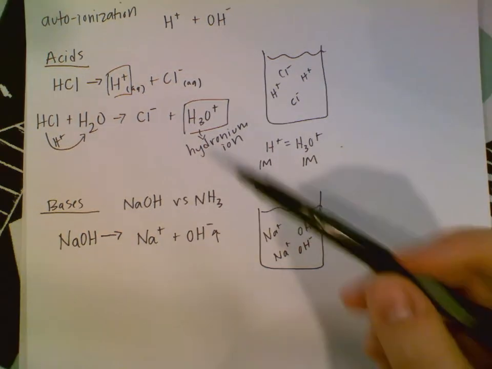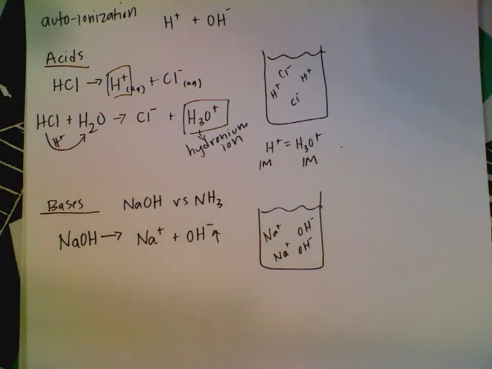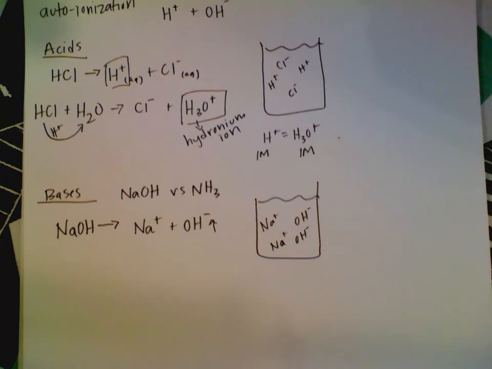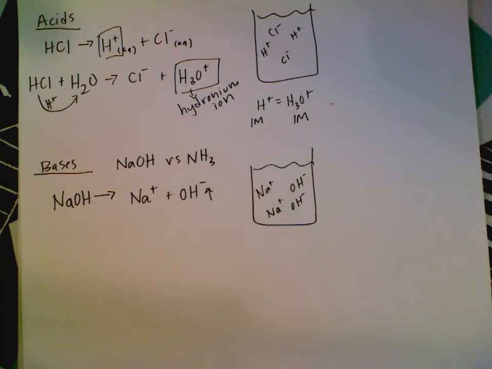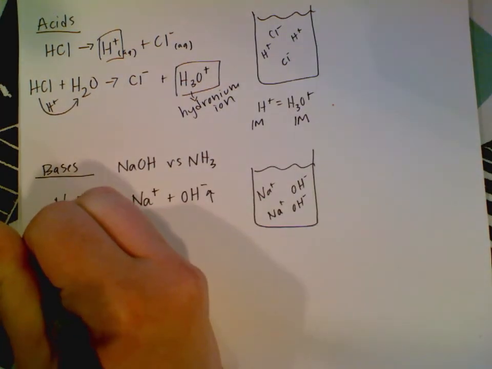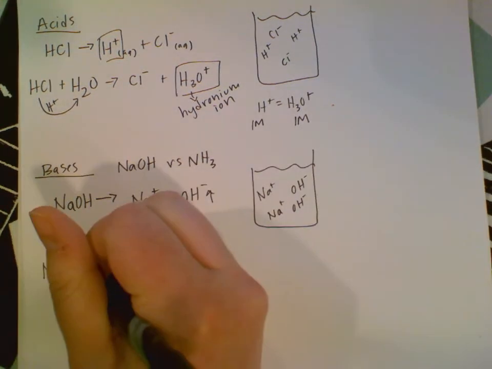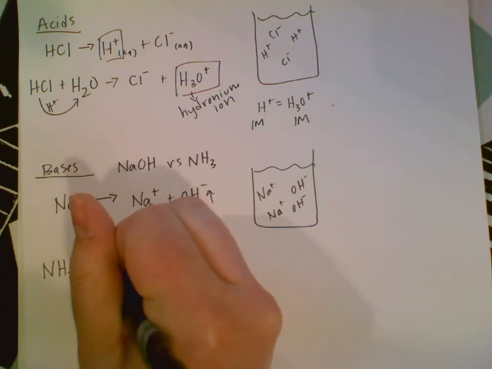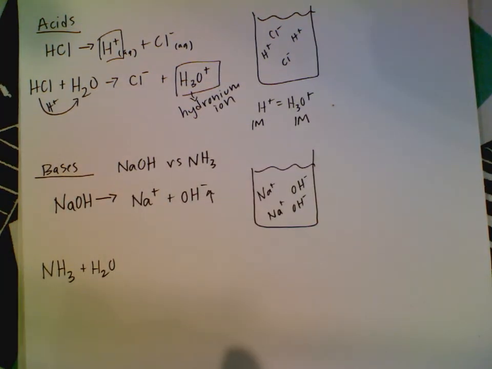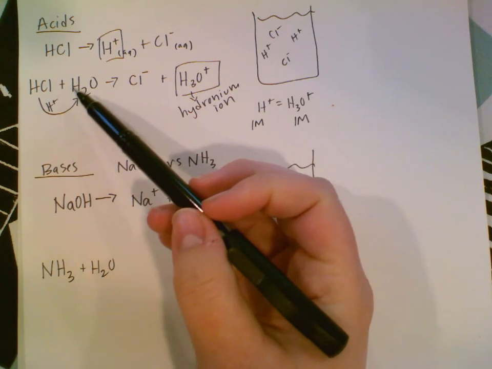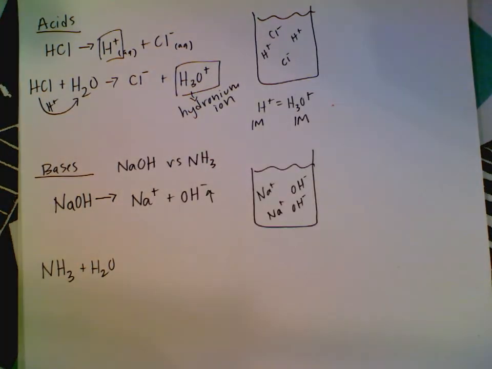But when you look at a compound like NH3, ammonia, and you look at its chemical formula, there's nothing in its formula that tips its hand that it's actually a base. However, it is, and there's a special reaction that happens. When NH3 and water come into contact with each other, they react together, kind of like the second equation for the acid.